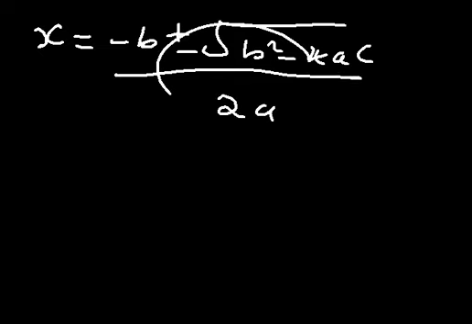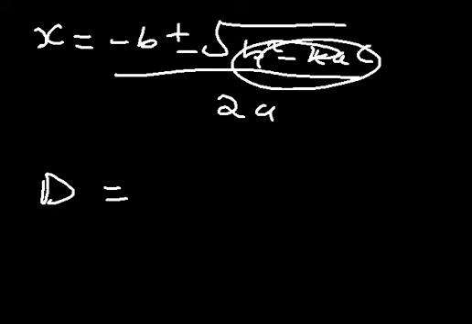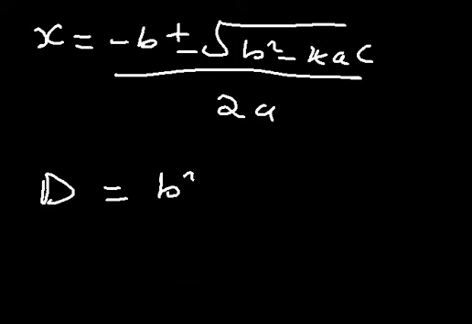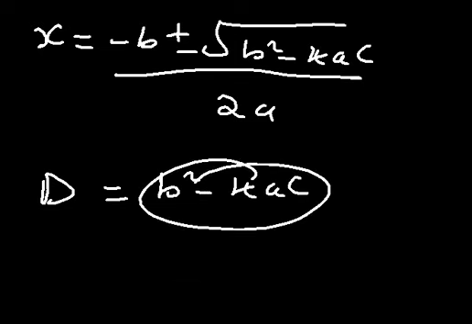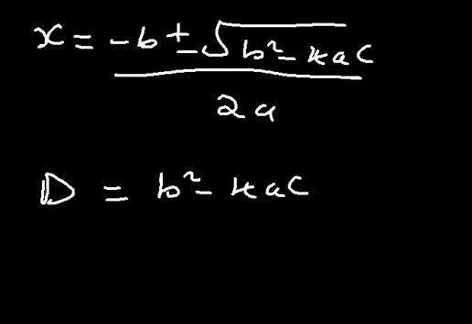Now, the discriminant is the expression inside the square root, given as b squared minus 4ac. It is the one that determines the nature of the roots of the quadratic equation.